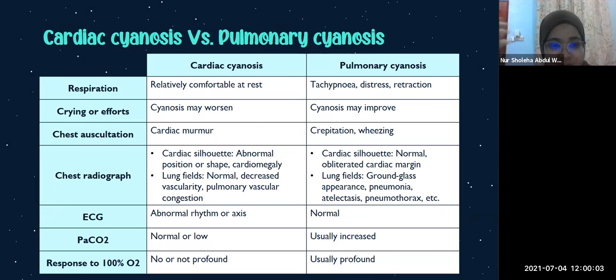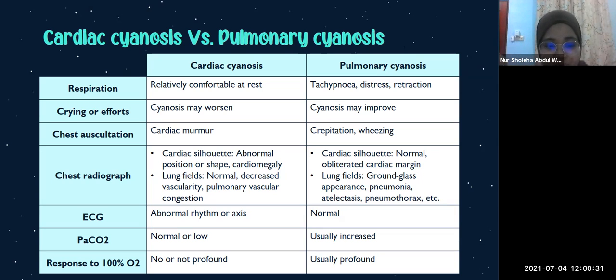In chest radiograph, the cardiac silhouette is usually abnormal, with abnormal position or shape or cardiomegaly. Meanwhile, the lung fields are usually normal, or there might be decreased vascularity or pulmonary vascular congestion. The ECG is usually abnormal, showing abnormal rhythm, and the partial pressure of carbon dioxide is usually normal or low in cardiac cyanosis.